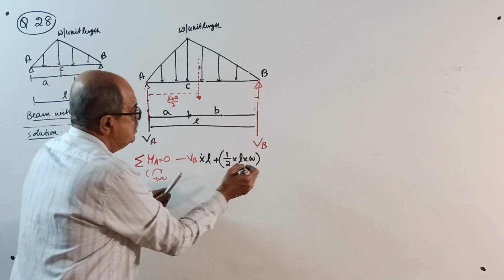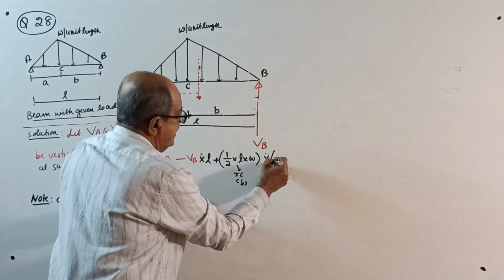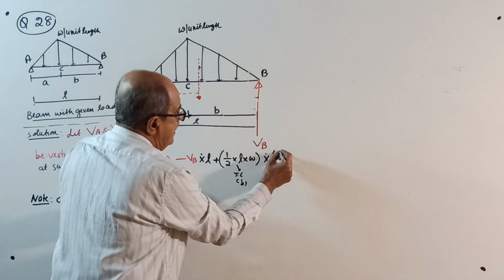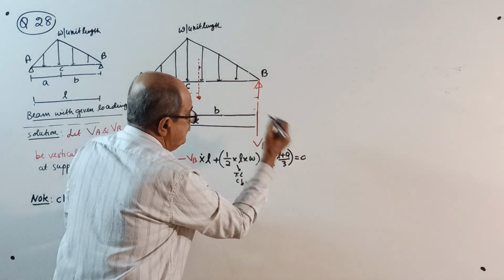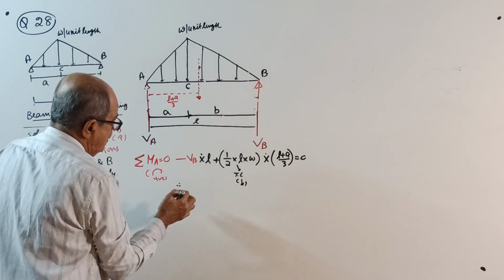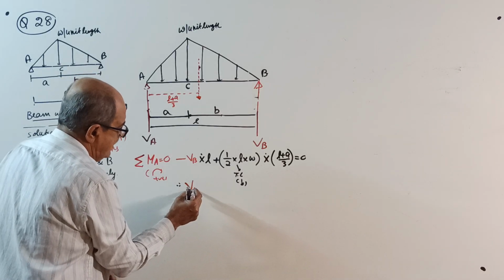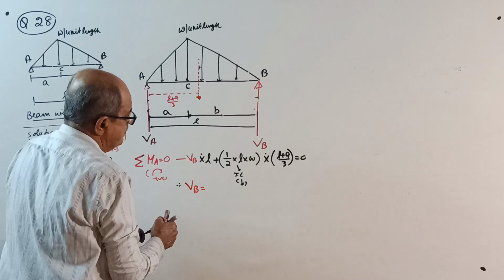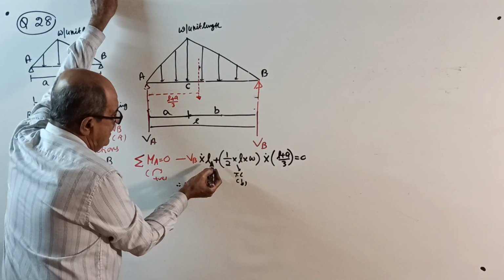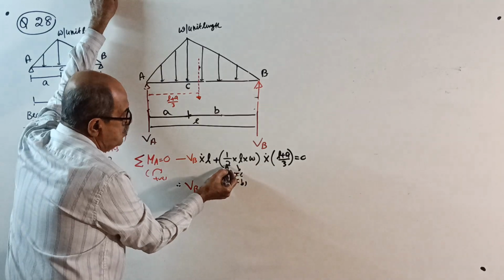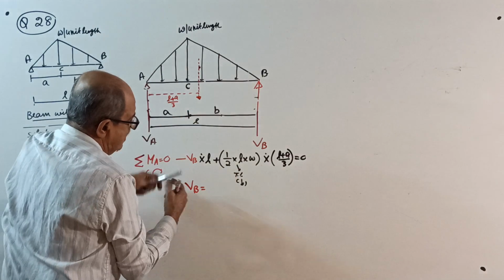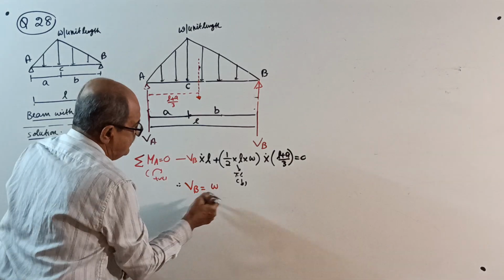Moment into L plus A divided by 3 equal to 0. Therefore, your VB will come, see here. L and L will cancel. W by 2 divided by 3 will come W by 6.